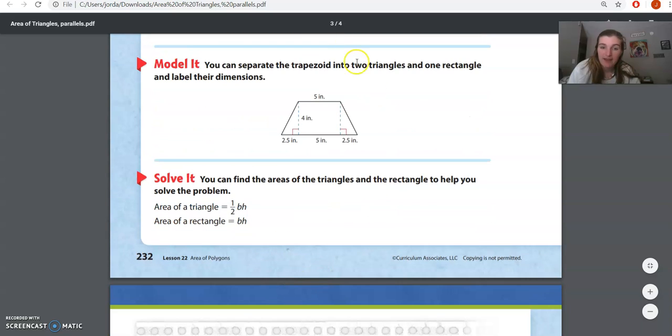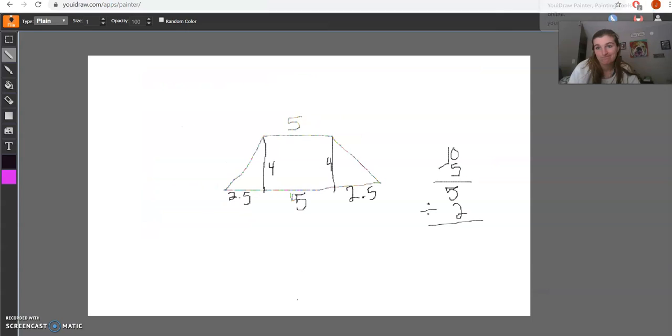And now we can find the area of the rectangle and the triangles. So inside here is a 4 by 5. This is 2.5 by 4. So 5 by 4. And I know 1/4 times 4 is 100 with 1 decimal point, so that's 10. But I have to cut it in half because remember, it's half.